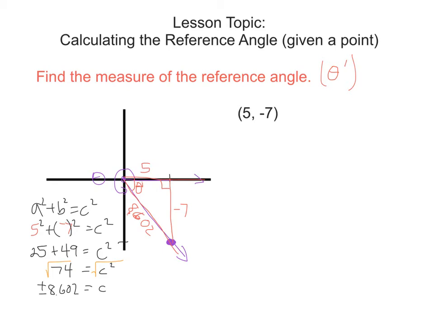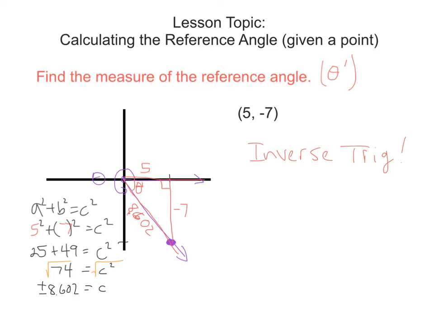Okay, so now we are trying to find theta prime. If you look at this right triangle, we know this side is 5 and this side is -7, and we know the hypotenuse. How can we find this angle? Hopefully you realize that finding that angle is as simple as using the trig that we learned in our previous unit. When you're trying to find an angle, as always, we use an inverse trig ratio to find our missing angle, theta prime.